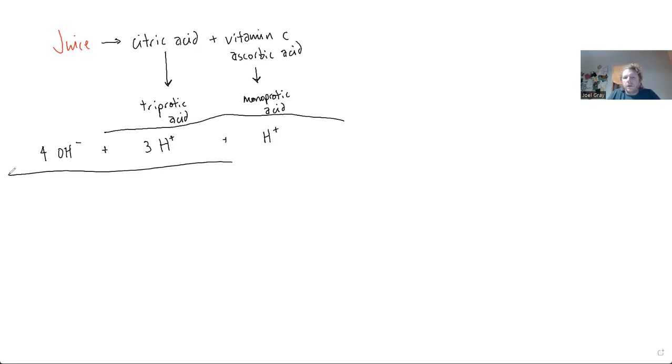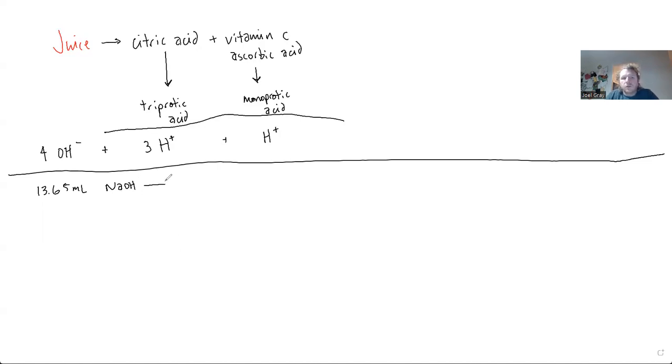Now, for the purposes of this experiment, here's the calculation that you need to do. Let's say hypothetically, you do this experiment and you add a total of 13.65 milliliters of a sodium hydroxide solution. That sodium hydroxide solution has a concentration of 0.1 molar.